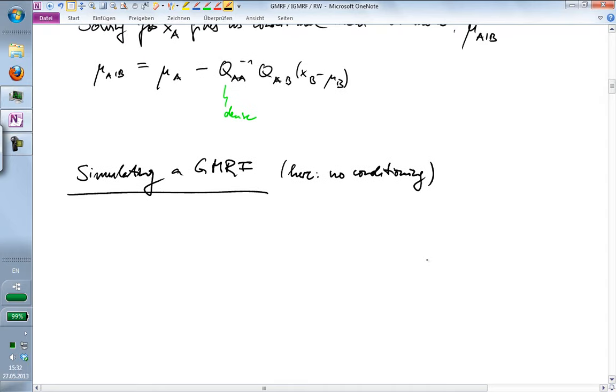For simulation, we use the result that for a positive definite matrix Q, the Cholesky decomposition is unique.